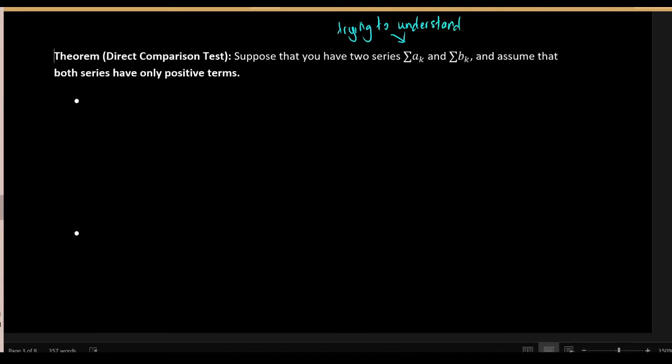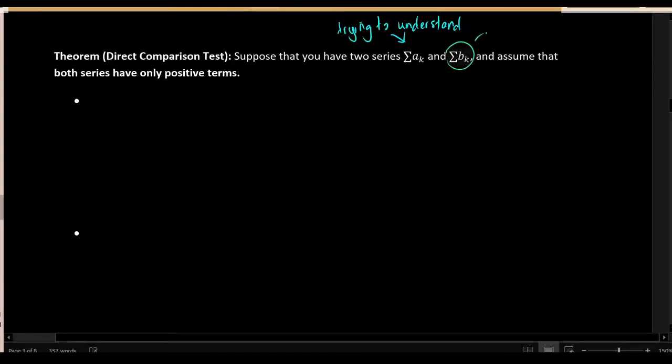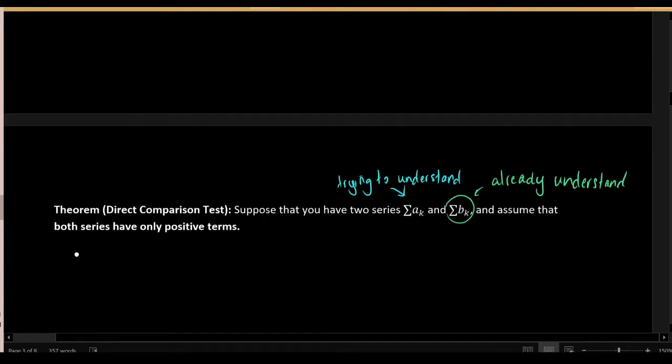And you're going to have another series, the sum of b_k, and this is going to be some other series whose behavior you already understand by way of some other test.